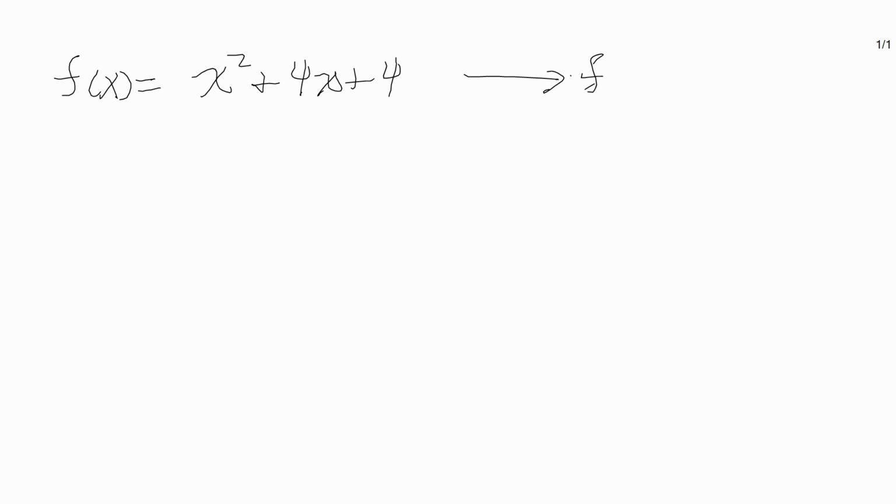It takes a quadratic, f of x is equal to x squared plus 4x plus 4, and turns it into f of x is equal to a times x plus h quantity squared plus k. And what does a tell us?